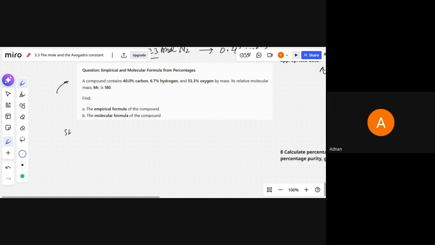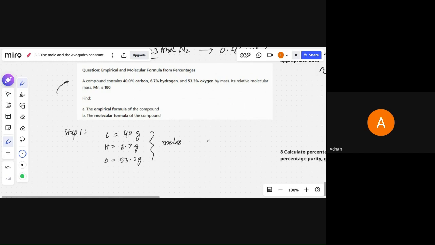So how do you calculate the empirical formula? Step one, we assume that these percentages are mass in grams because they add up to 100, right? So let's say we have 100 grams. We assume that carbon is 40 grams, hydrogen is 6.7 grams, and oxygen is 53.3 grams. We convert these into moles.